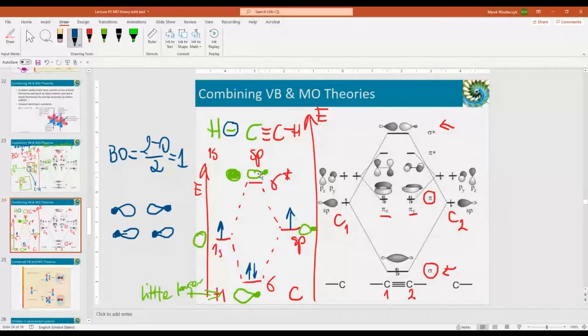You see the shape is slightly different between what I drew here and here, just because my handwriting is such that I cannot copy and paste it. So it's not a big issue if you change the proportions a little bit, as long as they more or less resemble the structure of the sp orbitals or the p orbitals, and the signs of the wave functions are correct.